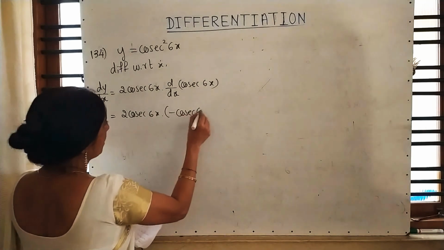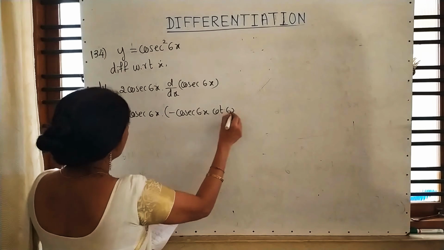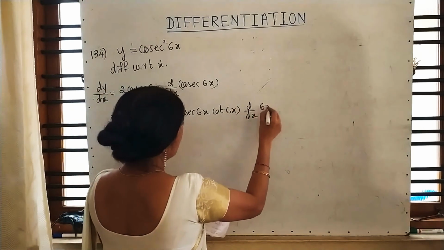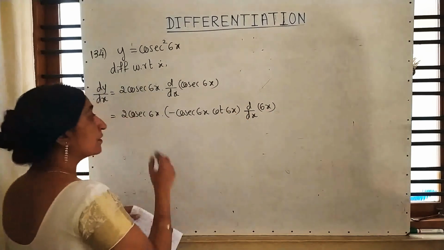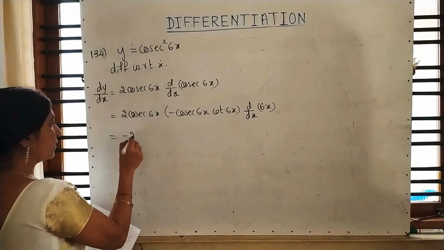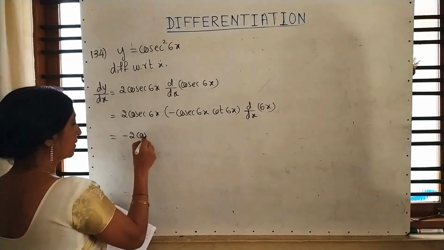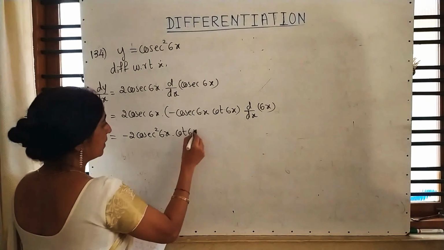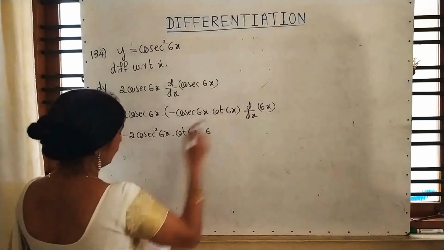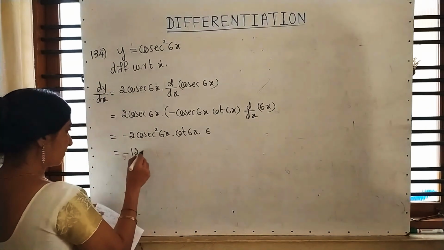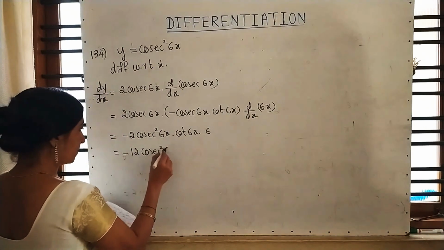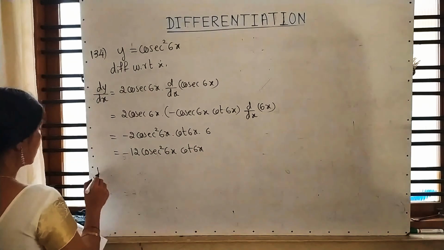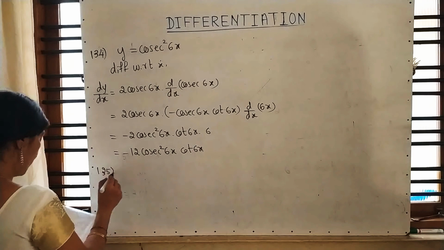Minus cosecant into cot. The angle is the same. Don't write it as x. Whatever angle is given, use that angle. And if it is other than x, we differentiate the angle and multiply. Differentiation of 6x is 6. Next, 135.